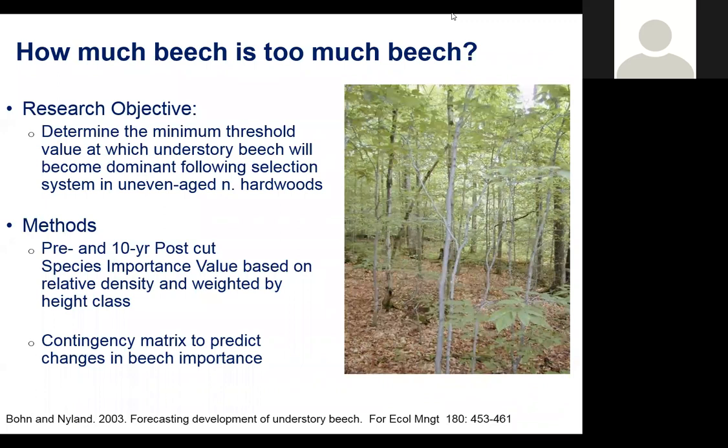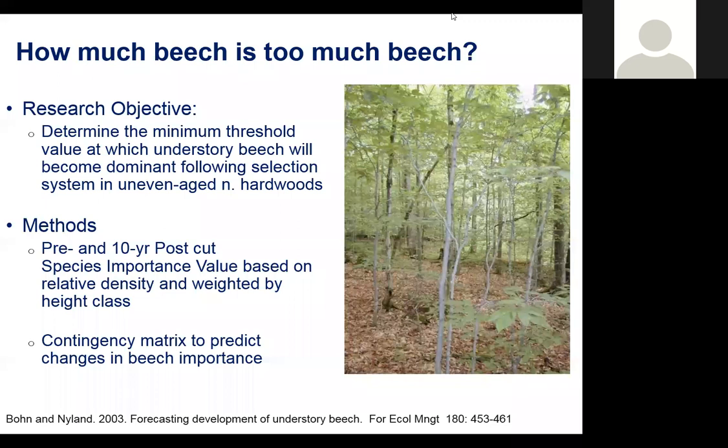So we wanted to know, maybe is there some small level of beech that could be left in the stand without leading to understory dominance by that species. And so I was looking at some species importance values. So we weighted all of the different species in the understory based on their relative density, and weighted by height class, knowing that height would be a good indicator of development into a higher canopy class.